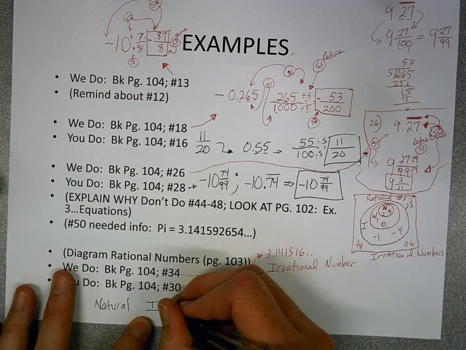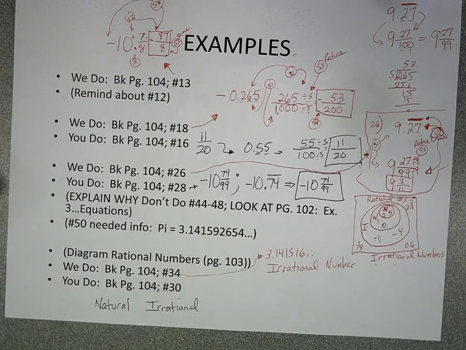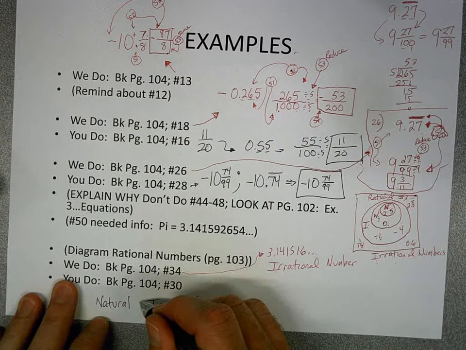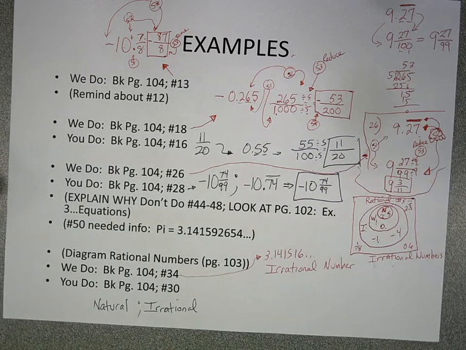Irrational. Sounds like you said it right. Irrational. No natural. Irrational only. That's your answer? Okay. Agree, disagree. Okay. All right. Looks like we have some disagreements. That's okay. That's why we do these problems.